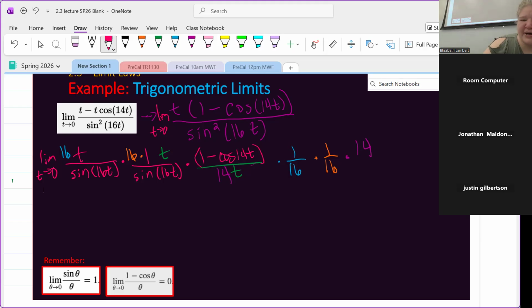So now at this point, it's really easy to get overexcited and be like, oh, I see what the answer is going to be. It's 14 over 16 squared.